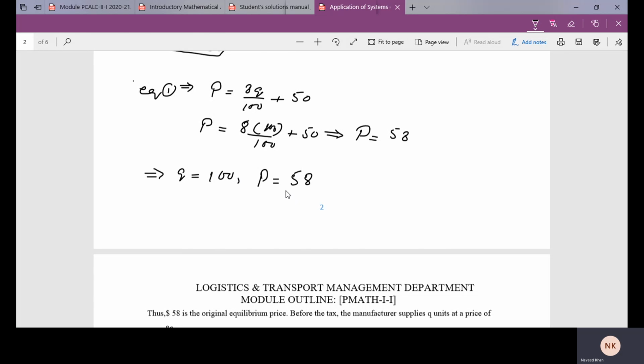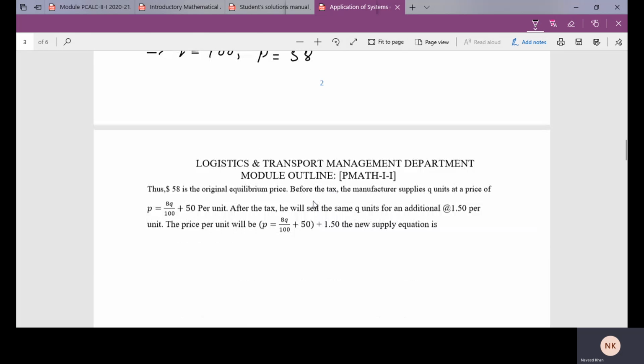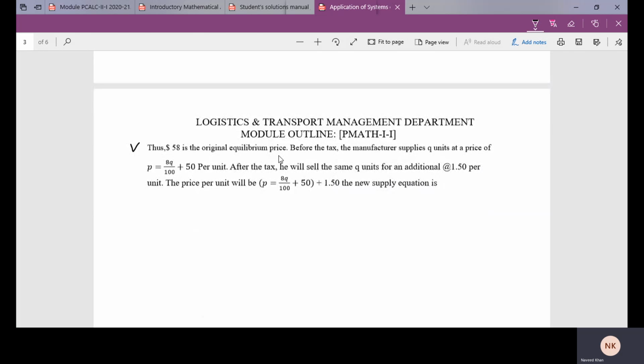Right now, our question is, this $58 is the original equilibrium price before tax. Before tax, this is the original equilibrium price, 58. The manufacturer supplies q units at a price p is equal to 8q by 100 plus 50 per unit.